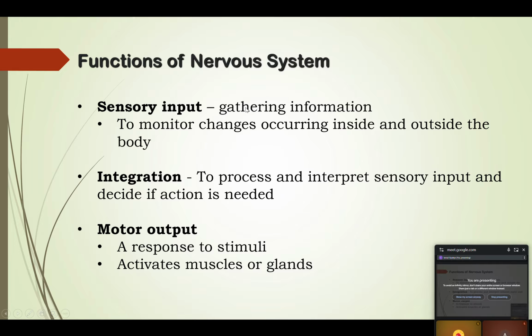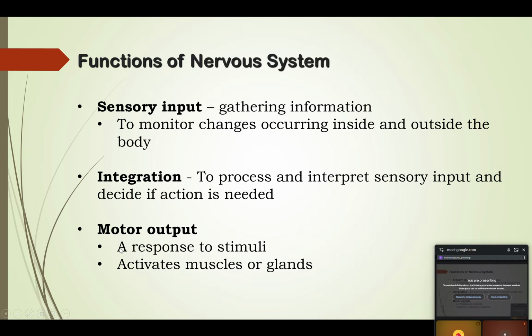The sensory input is the aspect that helps in gathering information, and this is important to monitor any changes occurring inside or outside of the body. And also the integration center is the part that is able to process and interpret the sensory input and then decide if action is needed.